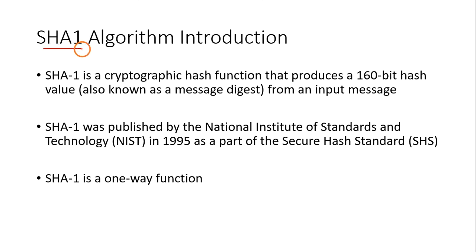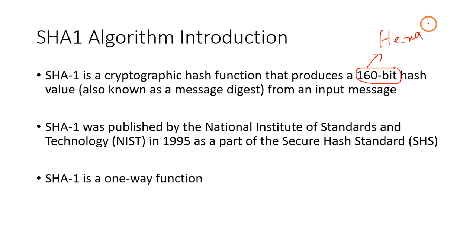Now let's talk about the SHA1 algorithm. SHA1 is an example of a cryptographic hash function which generates a hash of 160 bits length. This hash value is also called the message digest. These 160 bits are generally displayed in hexadecimal notation.